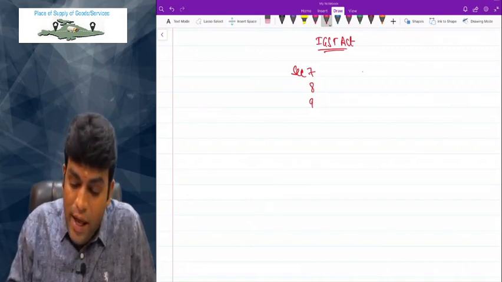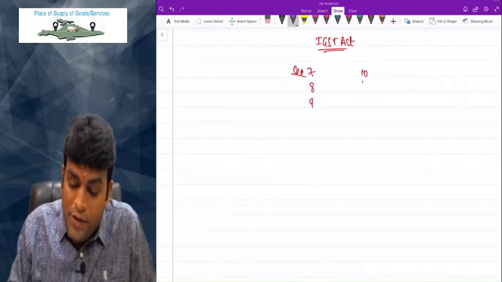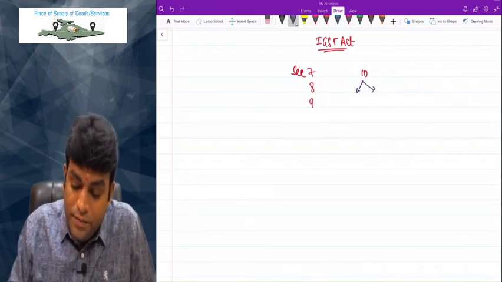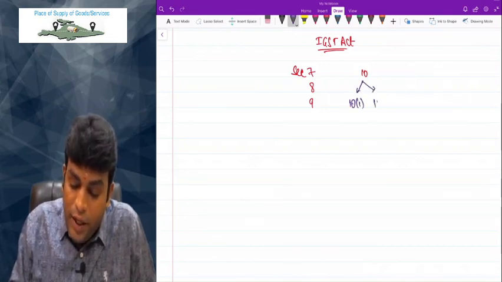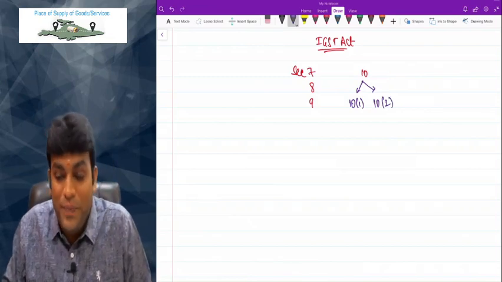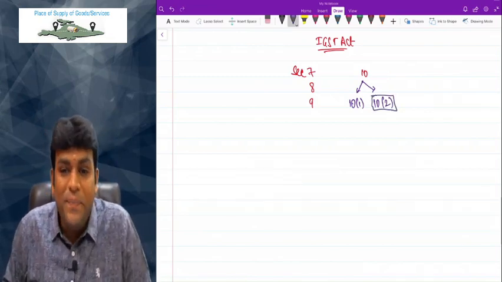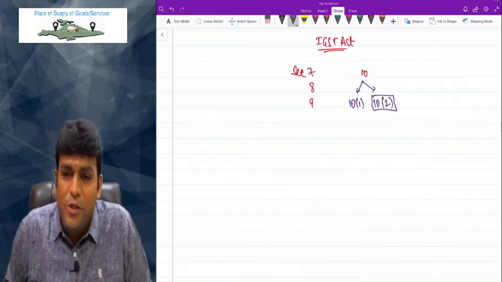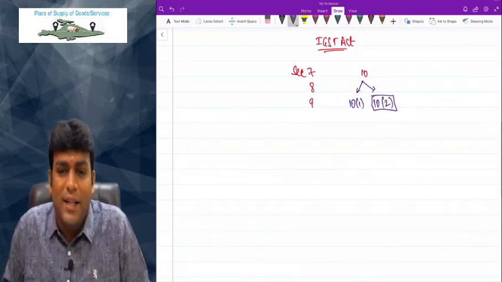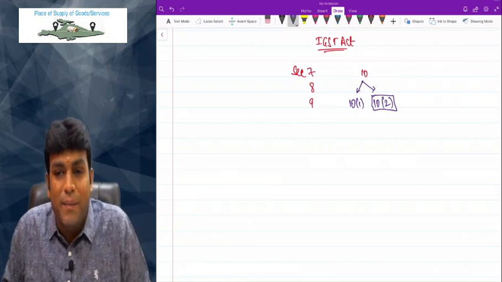Then, my dear friends, section 10 talks about place of supply in case of goods, and section 10 is divided into 10.1 and 10.2. 10.2 says if the place of supply cannot be determined under section 10.1, then it is determined in such manner as may be prescribed.